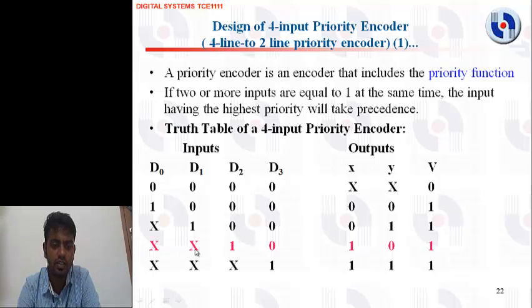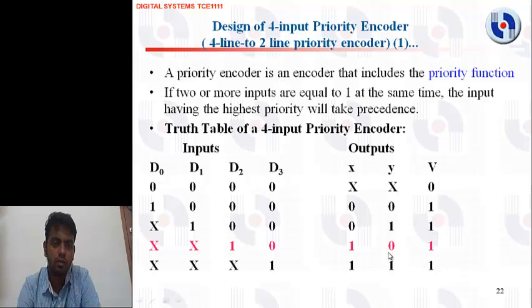So in this condition D1 has the highest priority, so we are converting this data into 1, 0, 1. In the fourth condition we can see these two inputs have the same value, meaning both are high or both are low. For this condition, whatever priority is given to that input, the data is generated here.